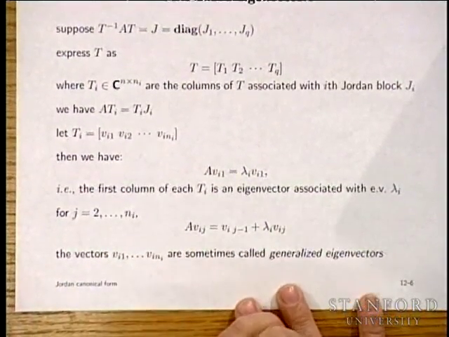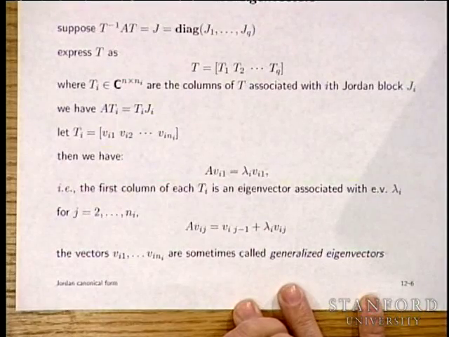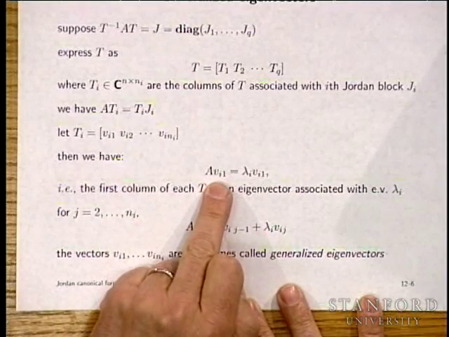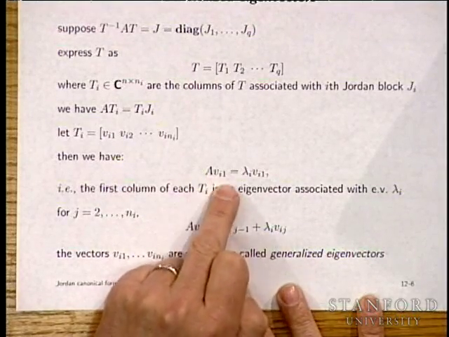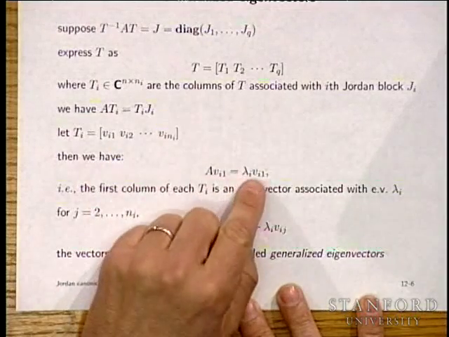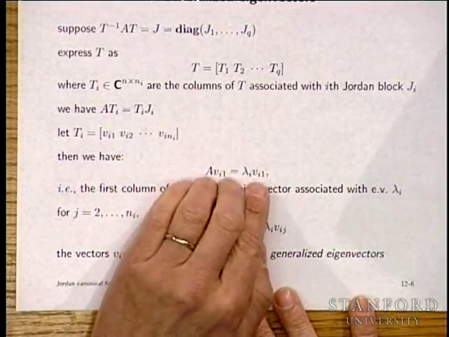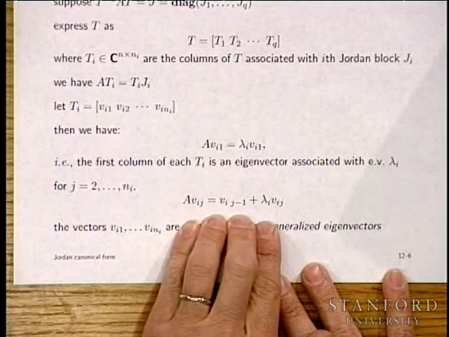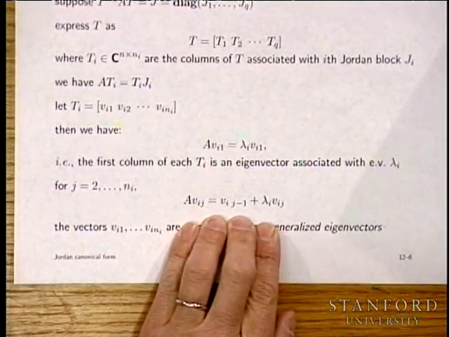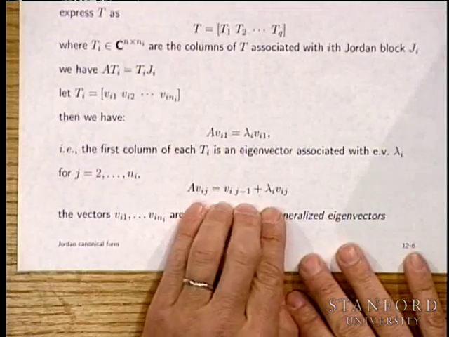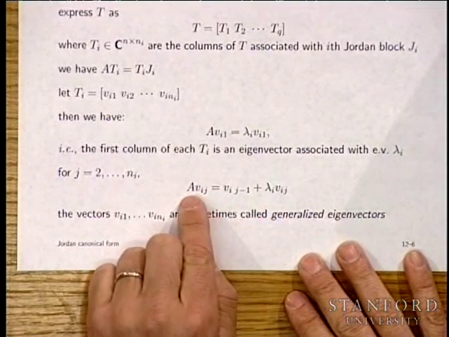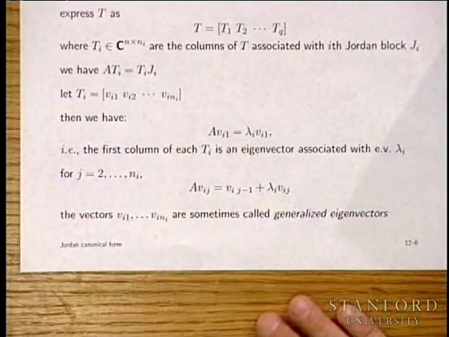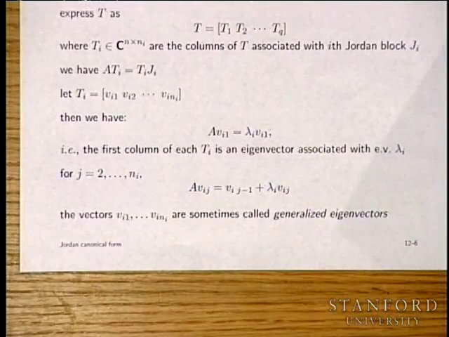The first one comes out just the way you think it does: AV1 is lambda times V1. But the next ones, because of that upper diagonal, you inherit this one. Each A Vij is actually the previous one plus lambda times this. And so these are called generalized eigenvectors.